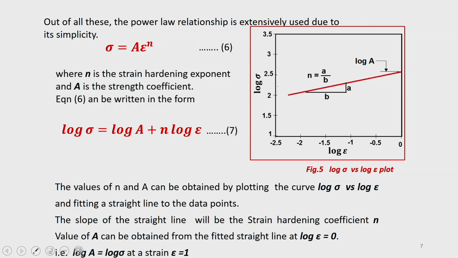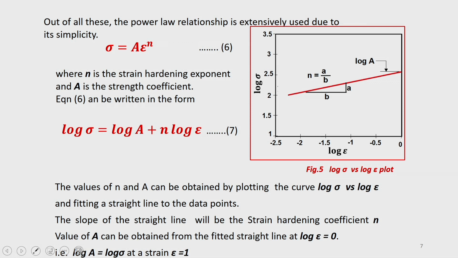There will be some scatter, but you can get a very good accuracy, and you can get it as a straight line equation. The slope of this line will give you n, and the strength coefficient can be obtained from the fitted straight line where log epsilon is equal to 0.